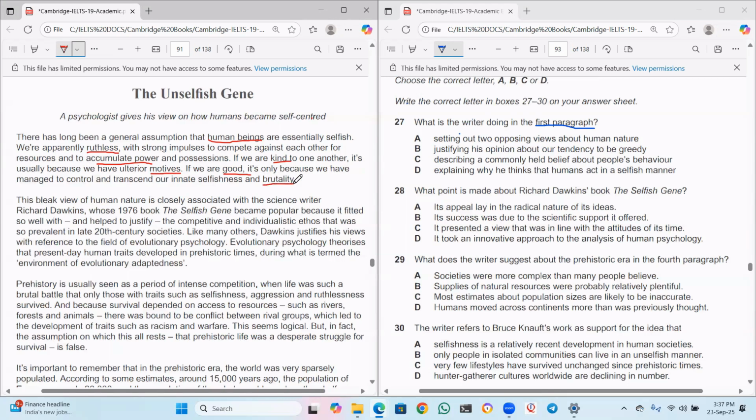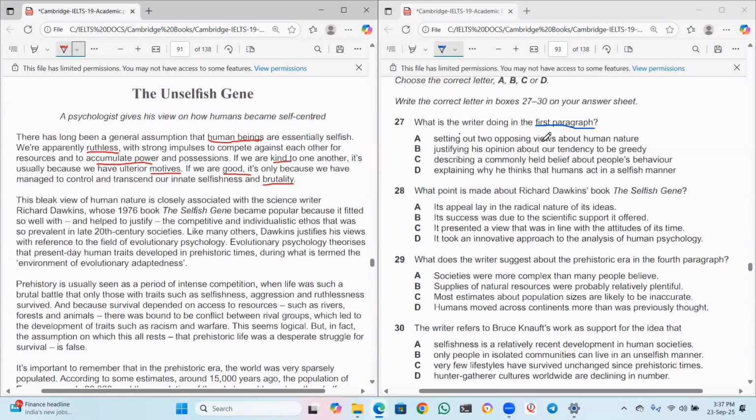So here he is talking about selfishness. He's also saying that if you are kind, then you have some other motives, and if you are good, it's only because you are able to control your innate selfishness. Let us read the options now.